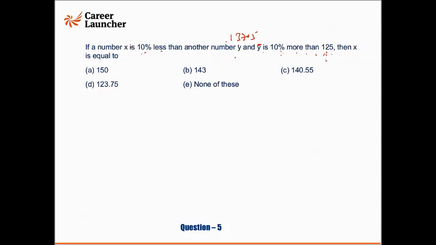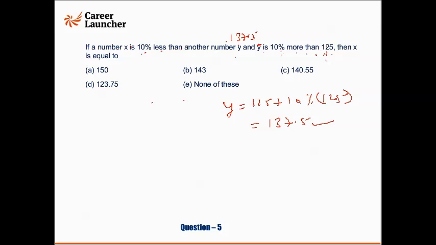See, y is 10% more than 125. So y will be 125 plus 10% of this 125. So you will get 137.5 because 10% of 125 is 12.5, and when you add 12.5 to this 125 you will get 137.5.